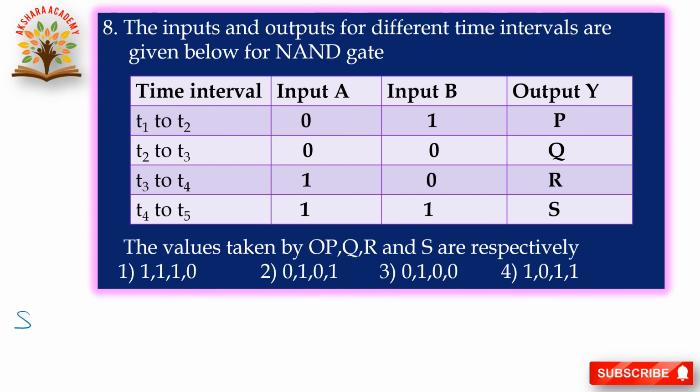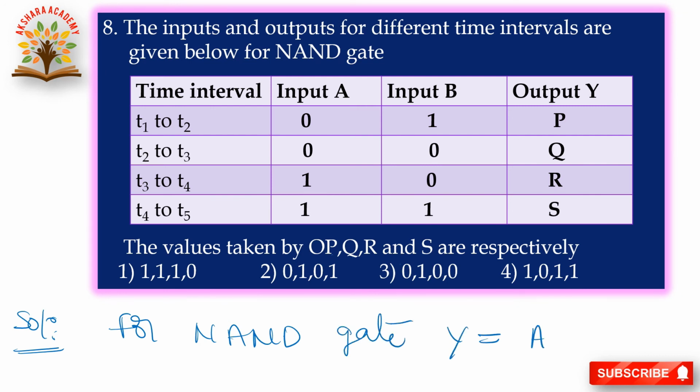For a NAND gate, Y is equal to (A dot B) bar.